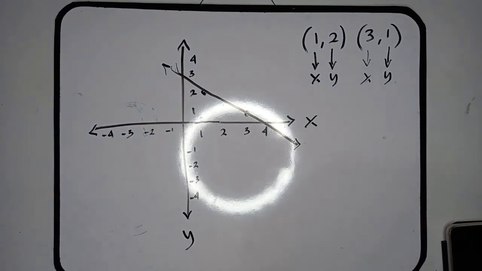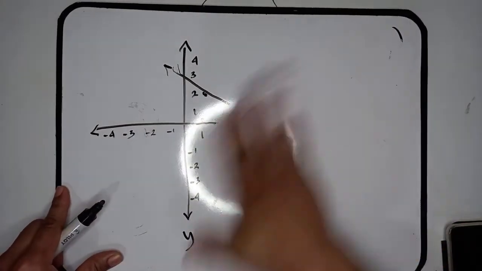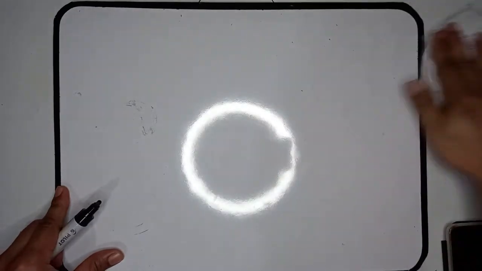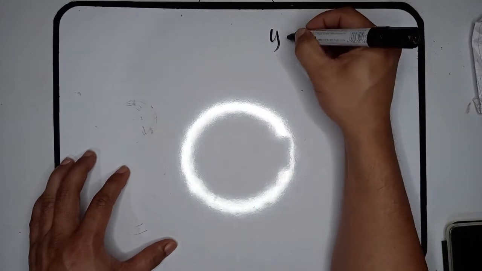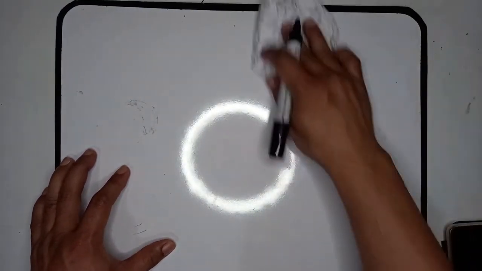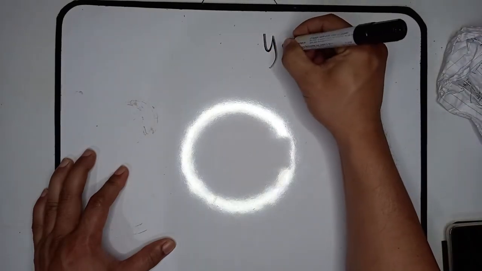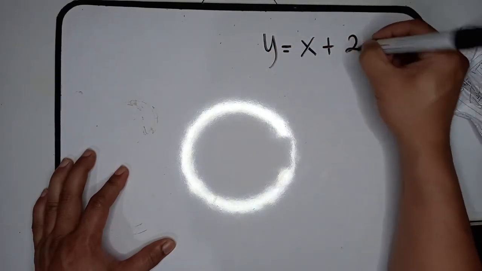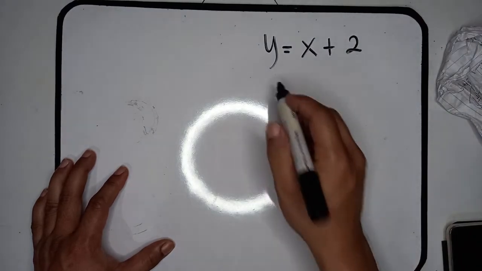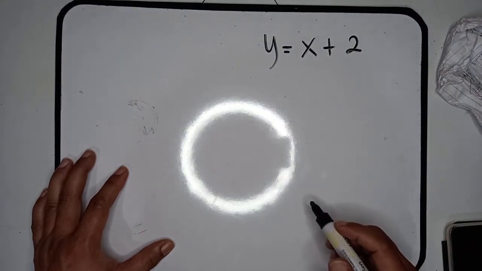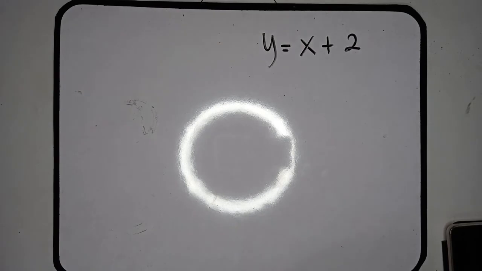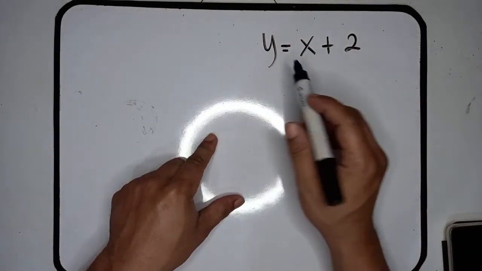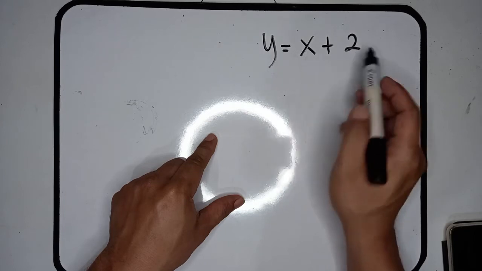So let's have another example. Let's say we have this equation, y equals x plus 2. Okay. So how do we plot this equation? We can plot this by getting the possible combinations, because in this equation y is very dependent on the value of x plus 2.